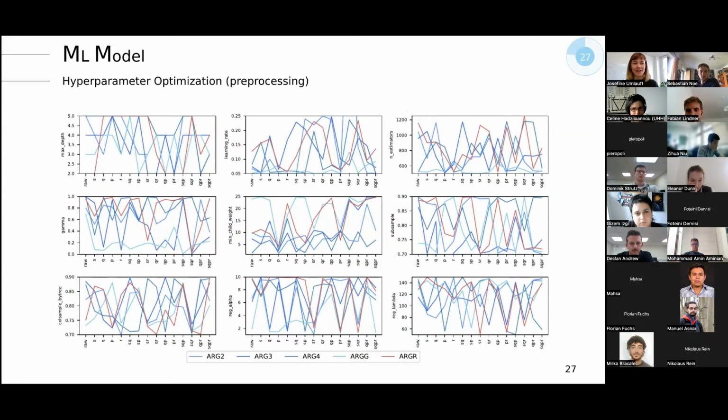Now this is the hyperparameter study behind that. Don't get lost in it. It's just that for all the different hyperparameters that you use to guide your machine learning model, for example the max depth, we will stay with that example because it's the easiest. If you think about the decision tree, it has branches and then it has nodes.